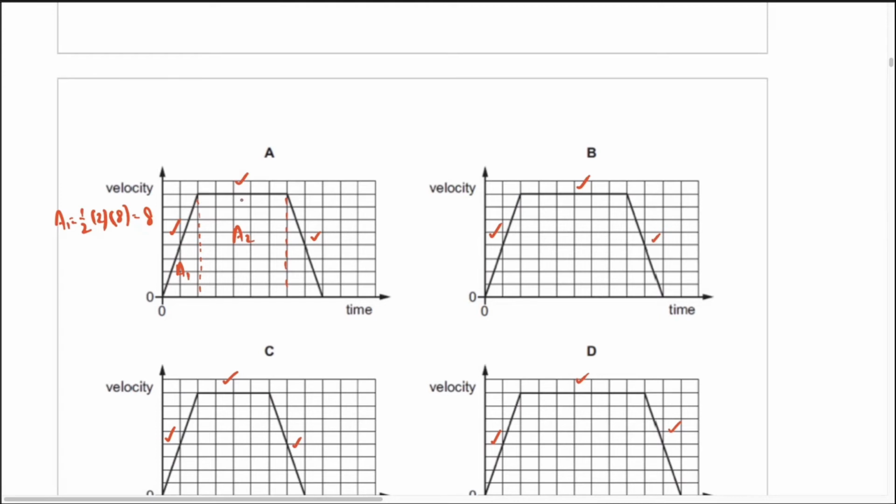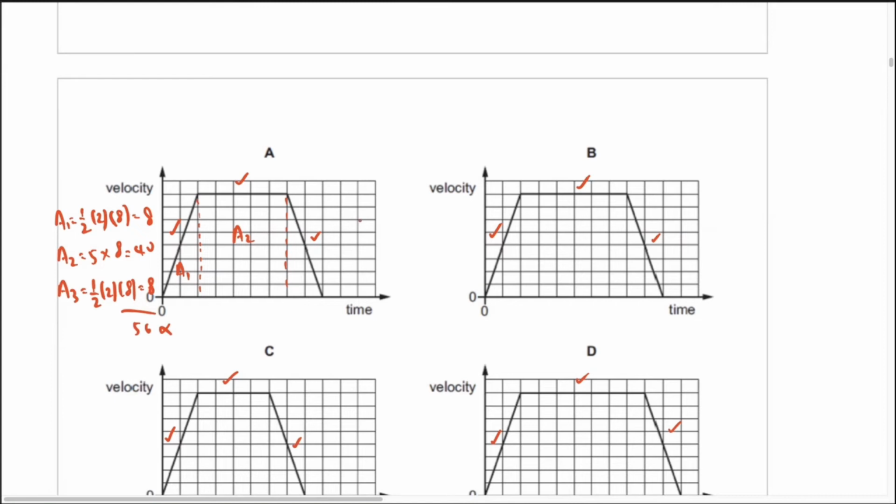Area 2, 1, 2, 3, 4, 5. 1, 2, 3, 4. 5 times 8, 40. Then area 3. Okay, area 3, 1 over 2, 2 times 8, which is 8. So the total distance is 56.